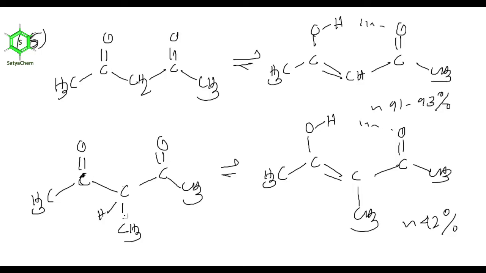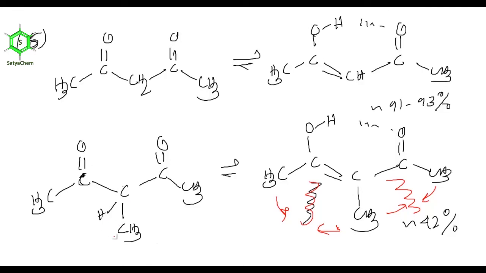Clear? So see, in the enol form there is a drastic steric clash between these two methyl groups and between these two methyl groups. This drastic steric clash destabilizes the system. So that is why the percentage of enol content decreases when a methyl group is introduced at C3 carbon according to IUPAC nomenclature.